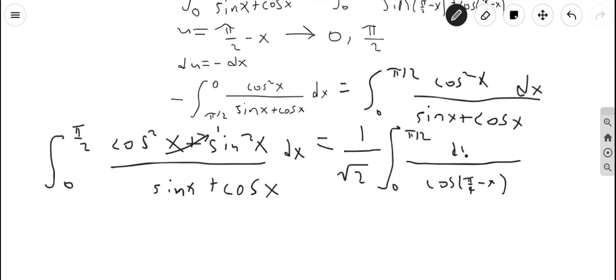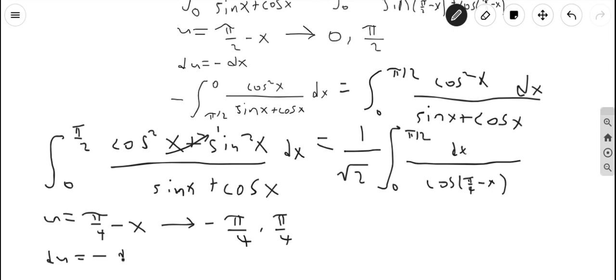Now what we need to do is another variable substitution. We're going to say that u equals pi over 4 minus x, and this will give us new bounds of integration, negative pi over 4 and pi over 4. Then du will be negative dx again.